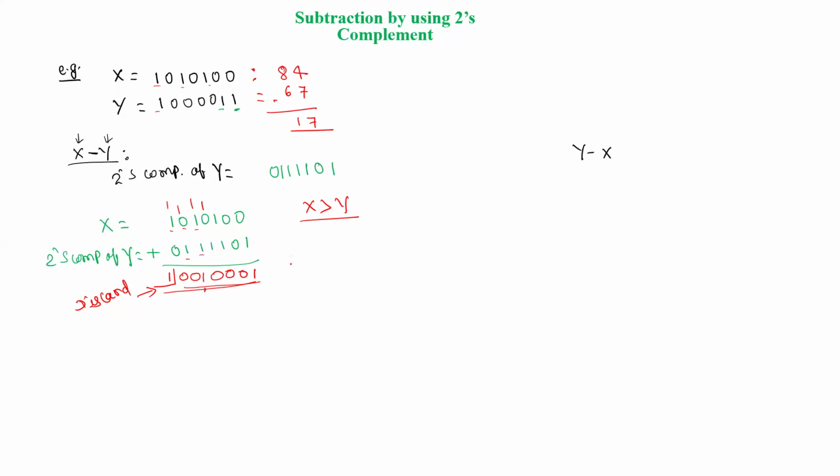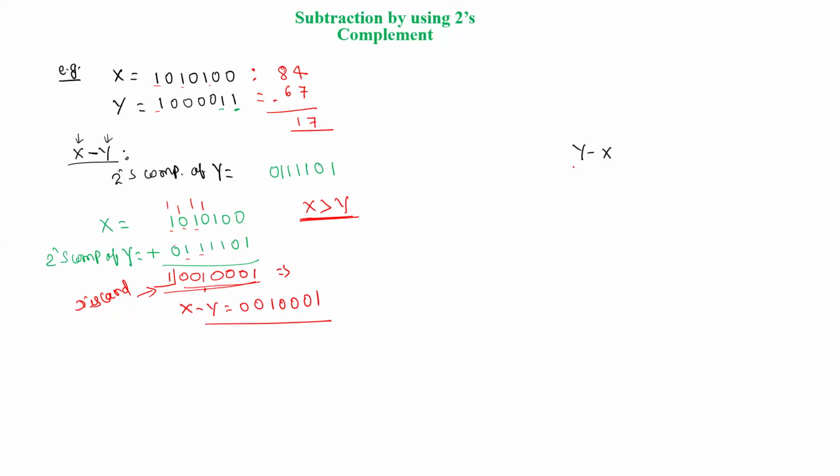Okay. So whenever the minuend is greater than the subtrahend, you have to discard the carry, and the obtained sum itself is the x minus y value. Okay. So here x minus y is what? 0, 0, 1, 0, 0, 1. Okay. This is for when the minuend is greater than the subtrahend.